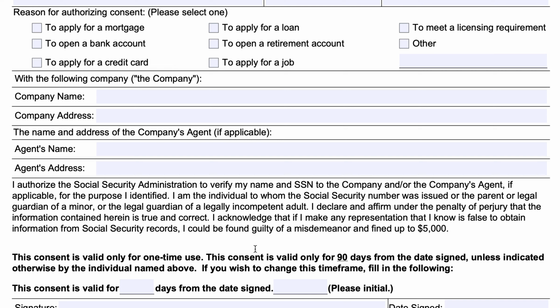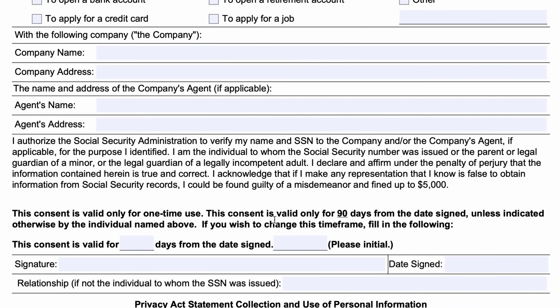Now, this next section states that the consent is good for only 90 days from the date that it was signed, unless you've indicated otherwise. So this is the standard, and for most companies, they don't need to have this permission on file for any more than 90 days.